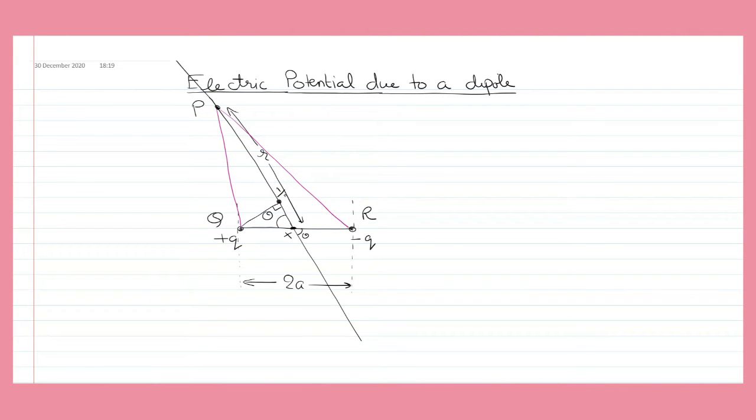This point is Y. Because QX is a and RX is also a, we can write in triangle QXY, cos theta is equal to XY upon a. So XY will be equal to a cos theta.